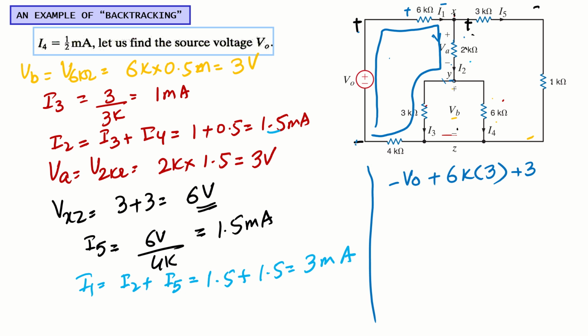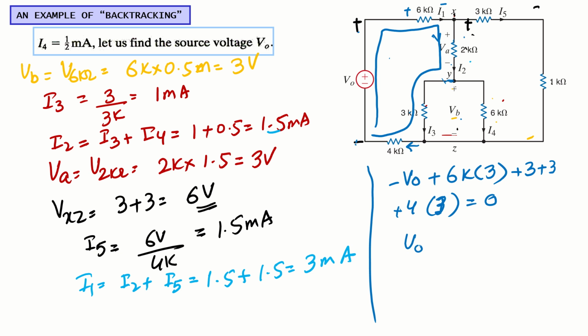Okay. Then I come to this point, 3 kilo ohm. What was the voltage drop here? That is the voltage drop VB, which is also basically 3 volt. And then I reach the 4 kilo ohm. So across the 4 kilo ohm, this I1 is coming, goes through the circuit, and then comes back here. So basically the same current is flowing through this one also. So 4 times I1, which is basically 3, is equal to 0. So that will be our equation.